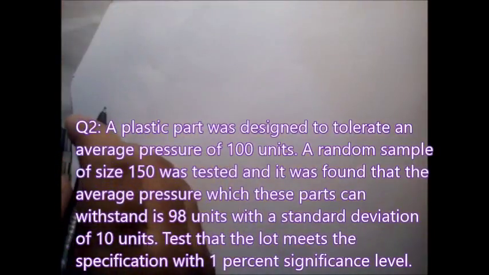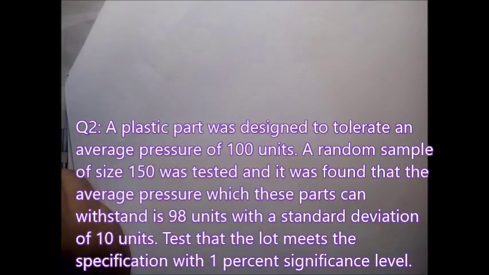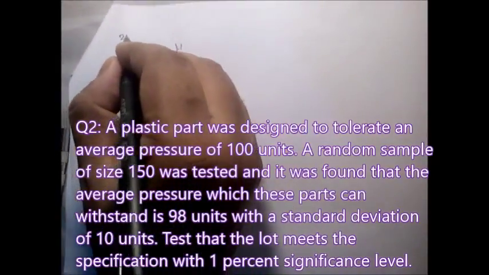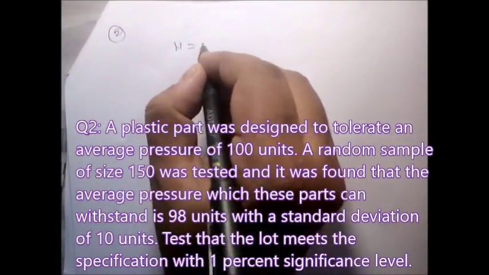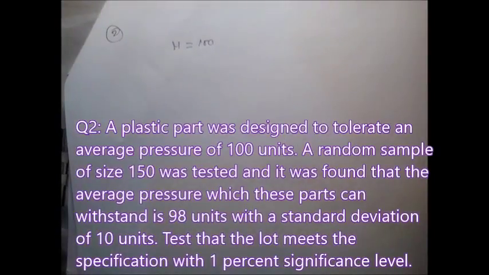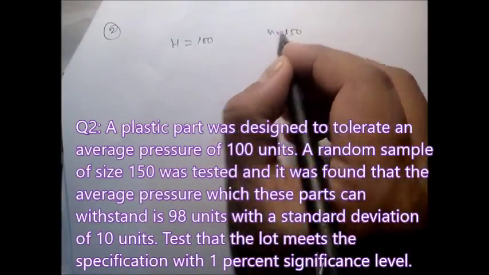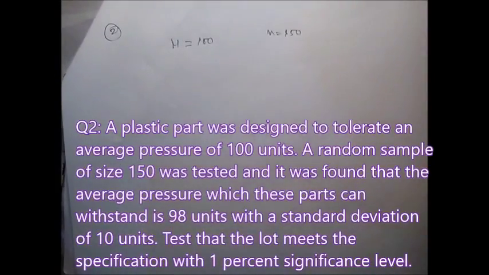A plastic part was designed to tolerate an average pressure of 100 units. A random sample of size 150 was tested, and it was found that the average pressure which these parts can withstand is 98 units.